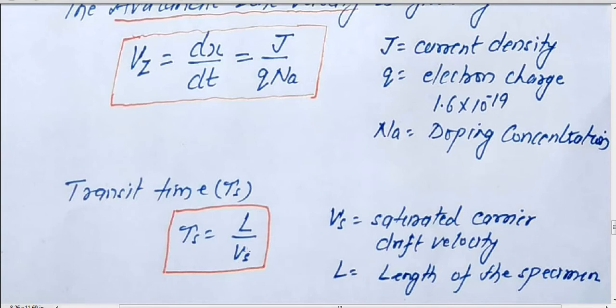Now the transit time is also being used in this device. The transit time here is the time between injection and collection. The time delay of the carriers in transit is utilized to obtain a current phase shift suitable for oscillation purposes.